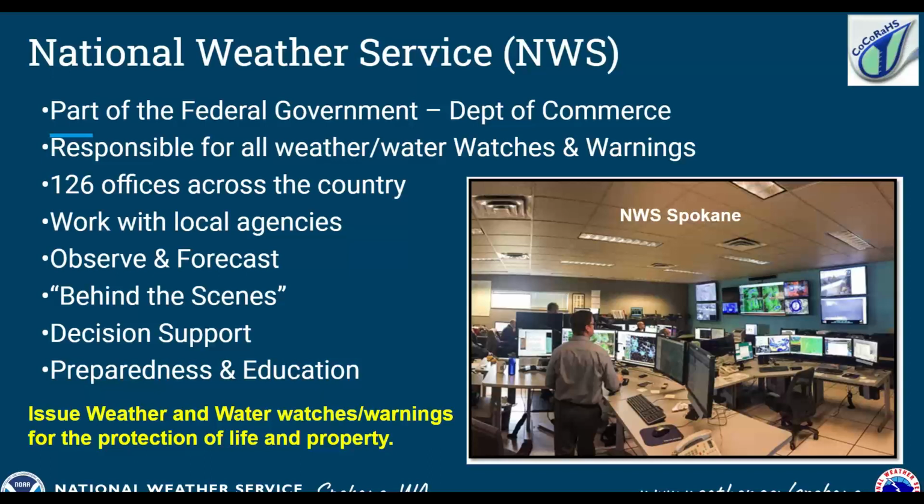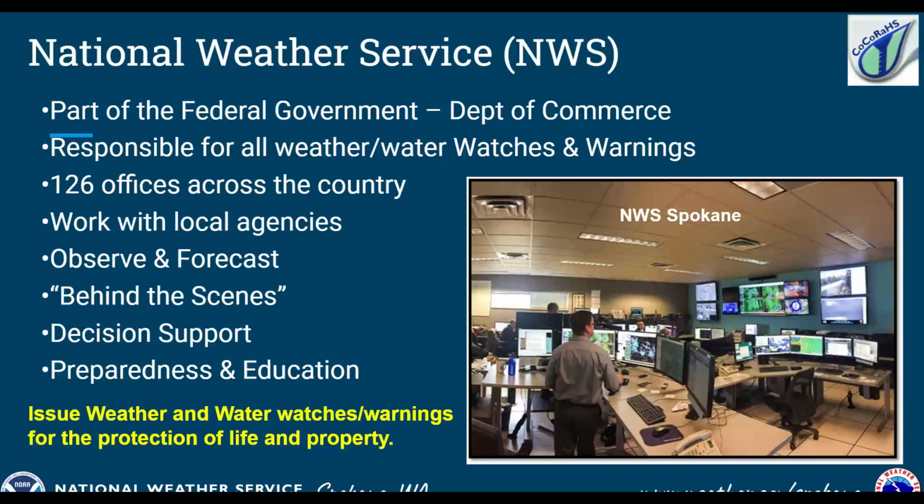But the main mission of the National Weather Service is to provide the weather and water watches and warnings in order for protection of life and property. So when the severe weather happens, when the big snowstorm comes, the watches and warnings come out from the National Weather Service to let you know what's going to be happening.